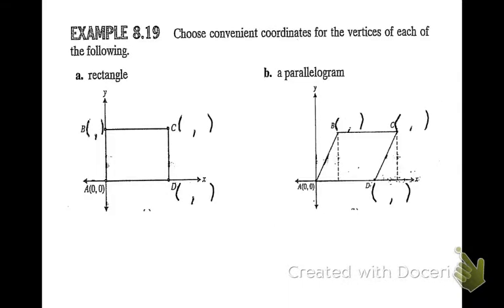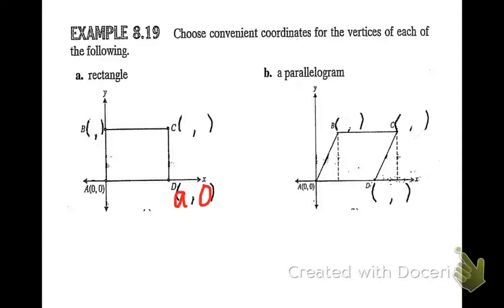So now we need to label these points given a shape with variables so we can use algebra to solve. Point D, I could call the distance over A. Its distance up is 0, so that's A0.